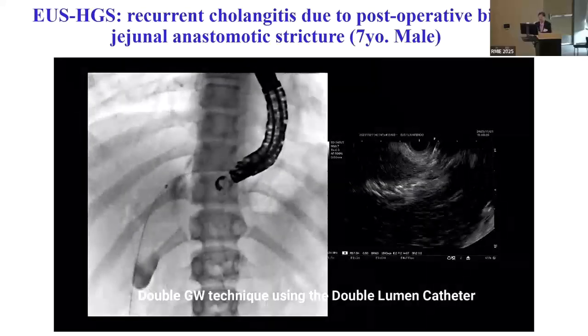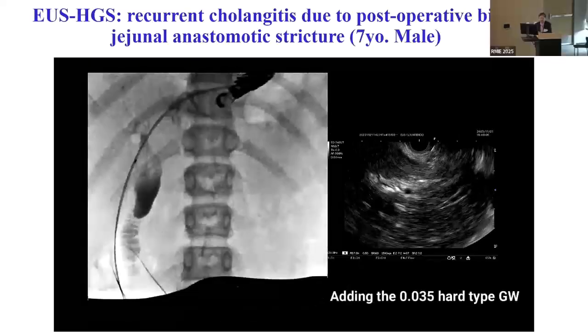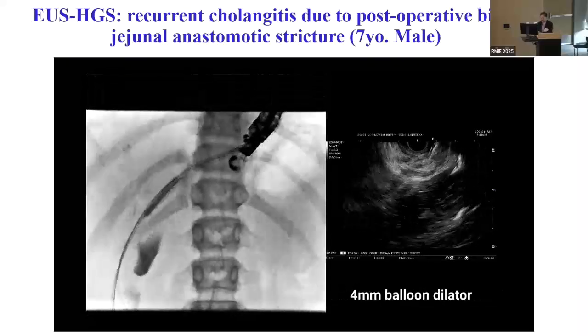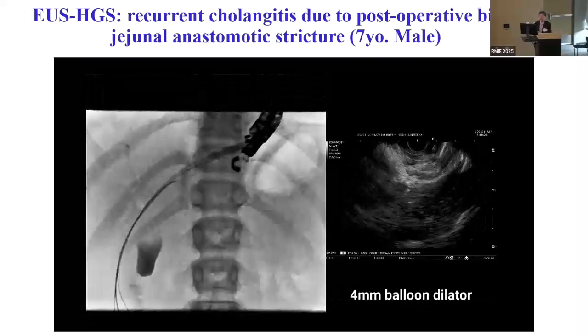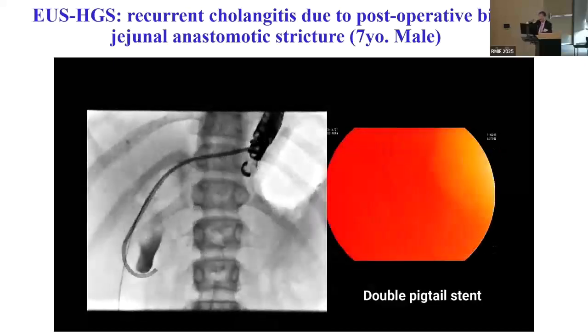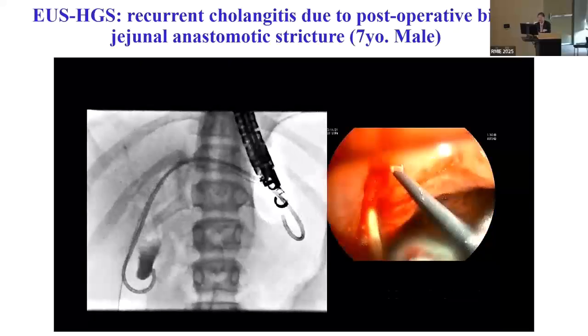The double guide wire technique is a very safe way for difficult cases. Now, finally, we successfully placed the plastic stent, a double pigtail, like a ring. So this is the so-called ring placement method.